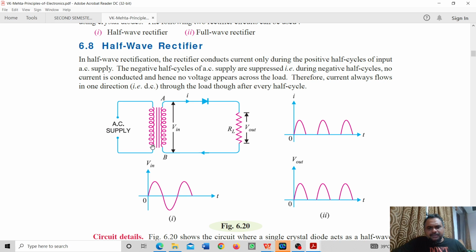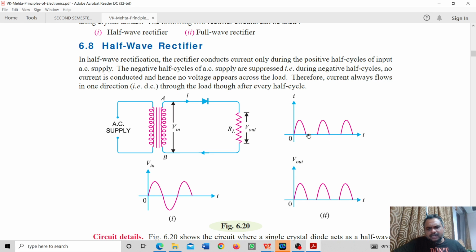Now what happens is, during the positive half cycle of this input AC voltage, the diode will be forward biased. In that case, the current flows through the diode and simultaneously passes through the load resistance. If I measure the current across this load resistance, what I get is a current like this, with a discontinuity between each half cycle.